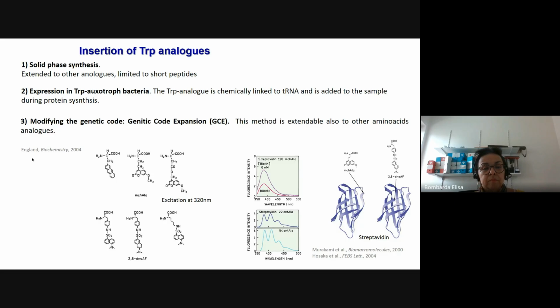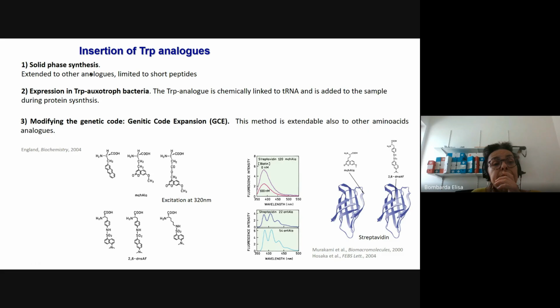Some effort to find the proper strategy needs to be made. One way to insert this tryptophan analog is solid phase synthesis, for example, where you practically chemically build up your protein.